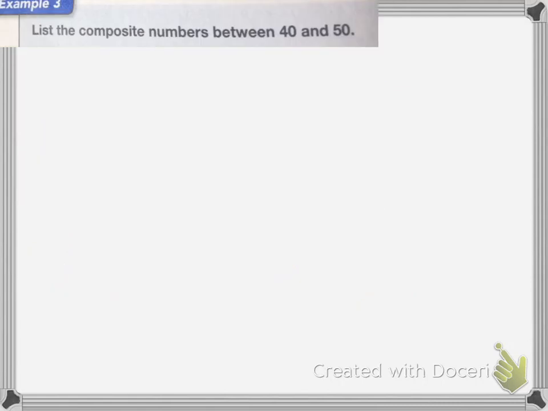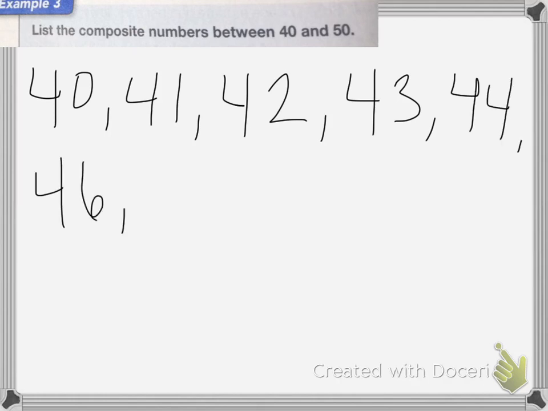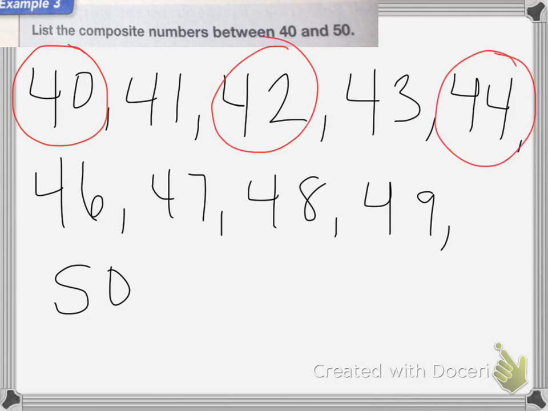The next one is list the composite numbers between 40 and 50. So again, I'm going to write those numbers down, and then I'm going to circle the numbers that are composite, and cross off the numbers that are prime. Any number that is even will be composite because 2 goes into every single even number. So I know all these even numbers are composite.